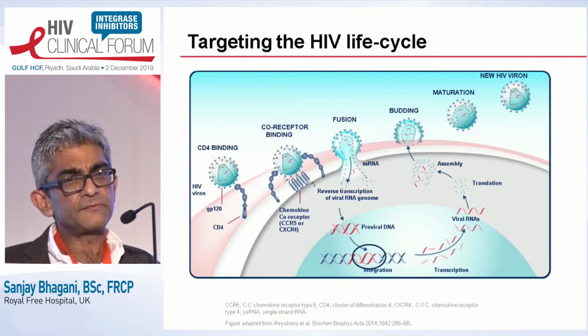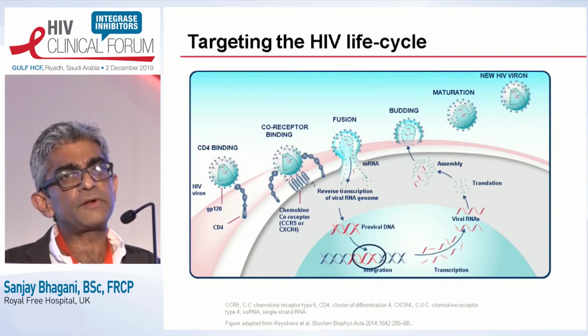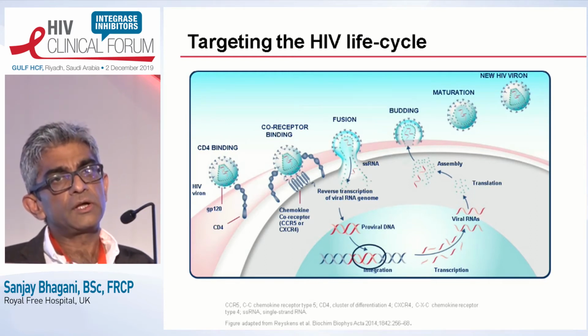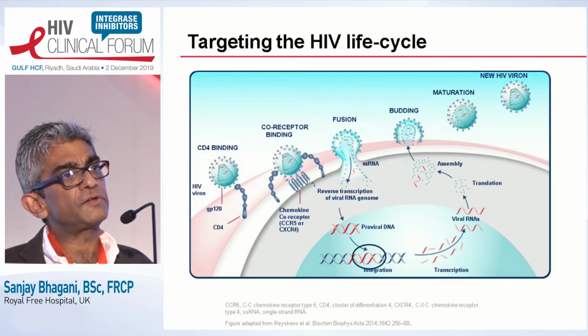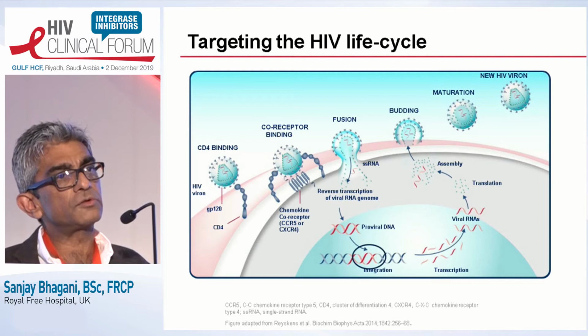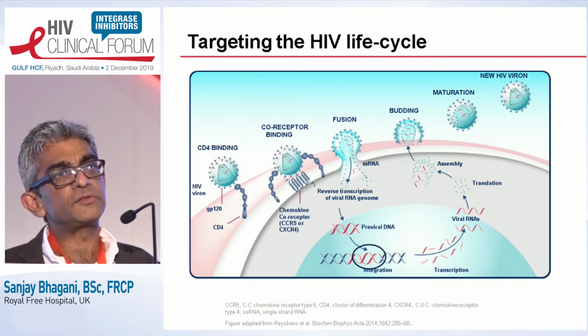So let's start at the very beginning, and you are all very familiar with this, but this is the life cycle of HIV. It's unique in that it's a retrovirus that reverse transcribes and integrates into the host genome and perpetuates its activity through that.